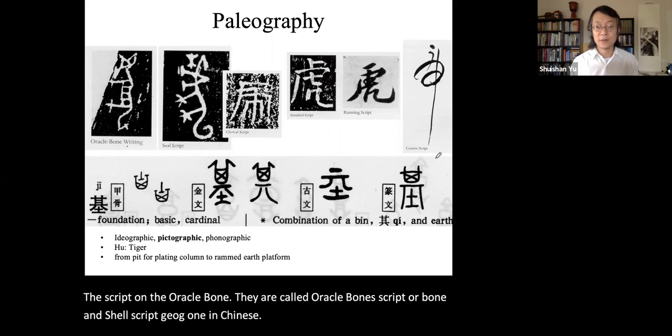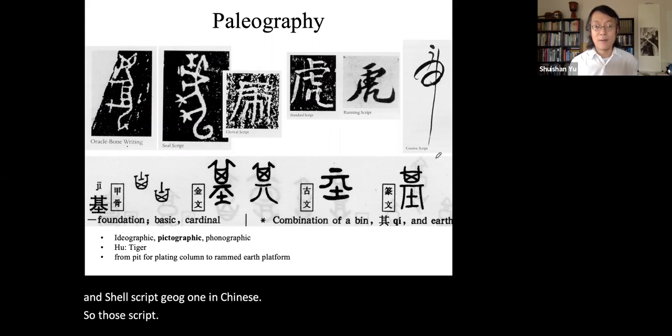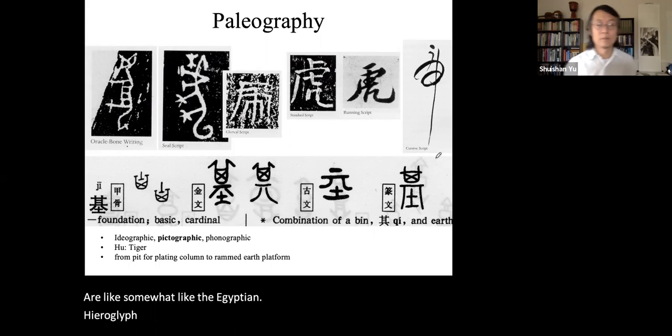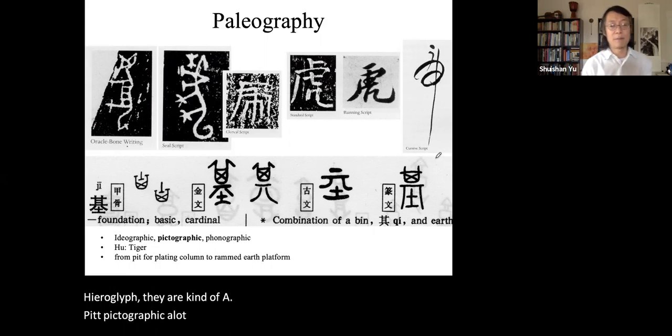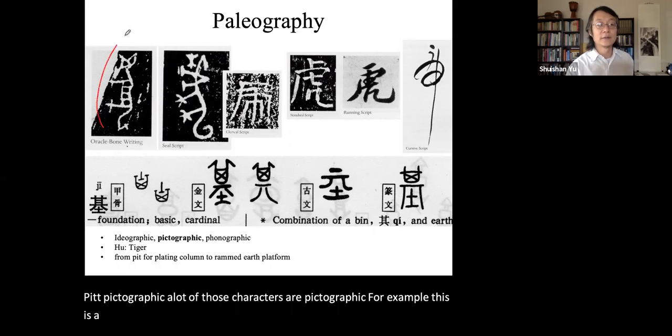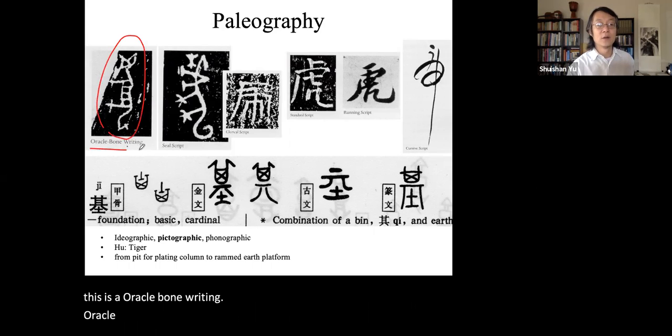Those scripts are somewhat like Egyptian hieroglyphs. They are kind of pictographic. A lot of those characters are pictographic. For example, this is oracle bone writing for tiger, right?